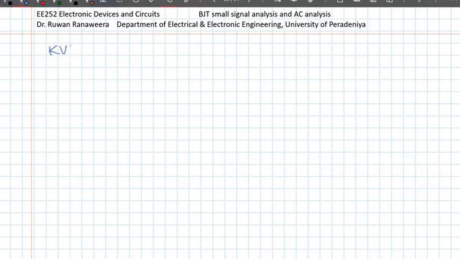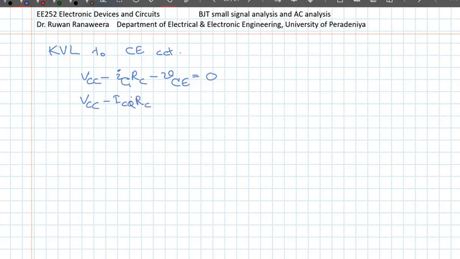So now I can separate the AC and DC components like that. Similarly, if I write the KVL for the collector emitter circuit, I can write VCC, which only has a DC component, minus IC RC minus VCE equals 0. Here IC is equal to ICQ plus the small signal ic, and VCE is equal to VCEQ plus vce.